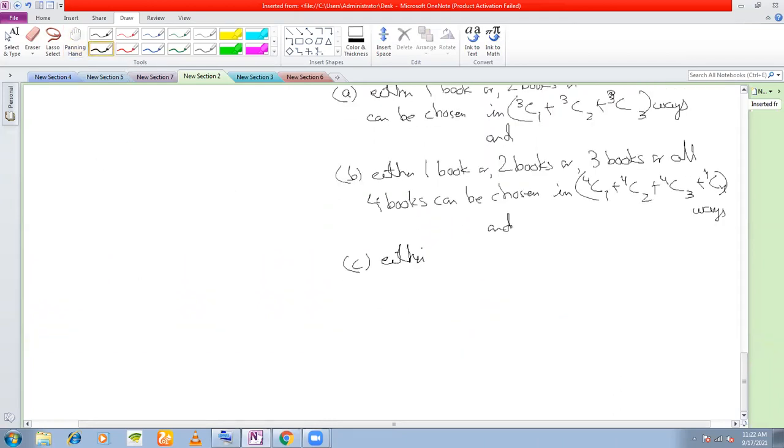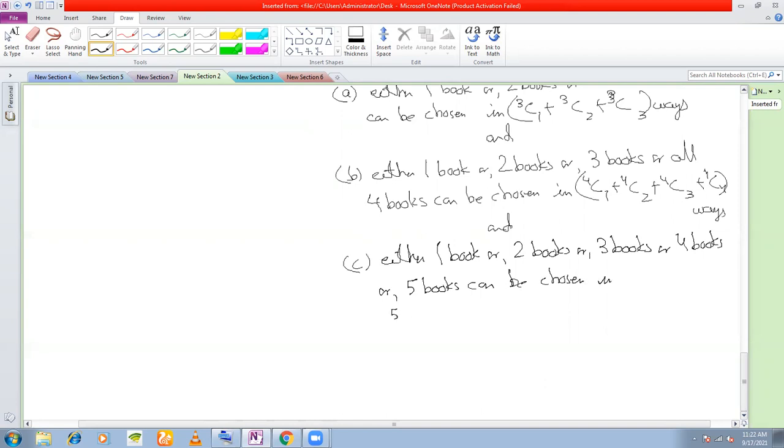Either one book or two books or three books or four books or five books can be chosen in 5C1 plus 5C2 plus 5C3 plus 5C4 plus 5C5 ways.